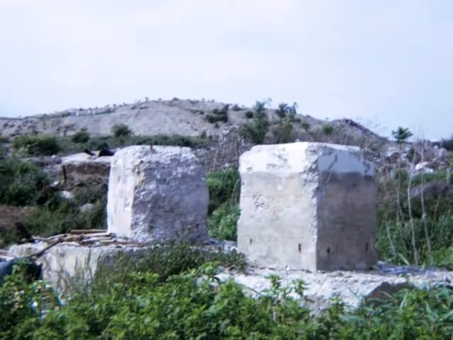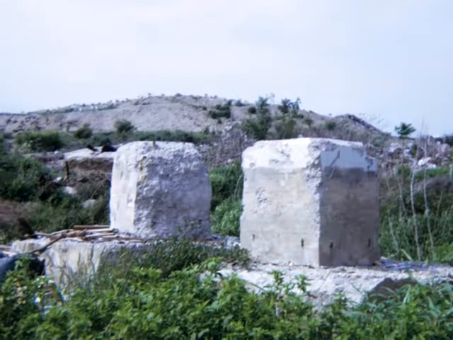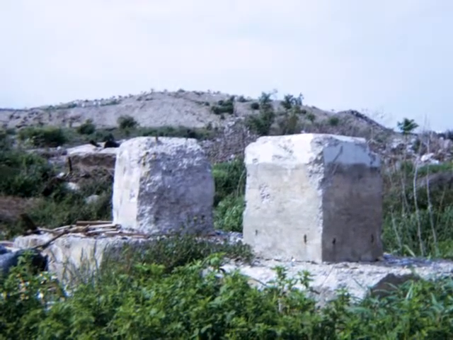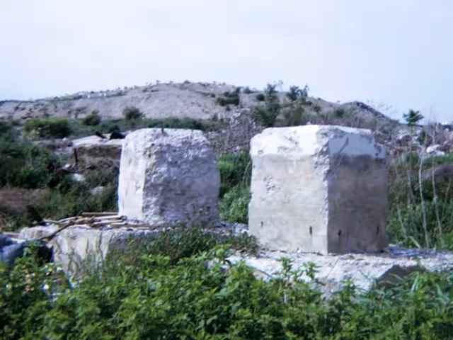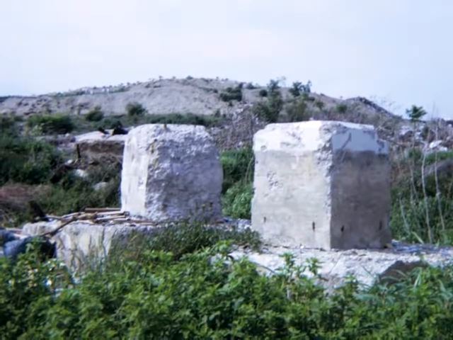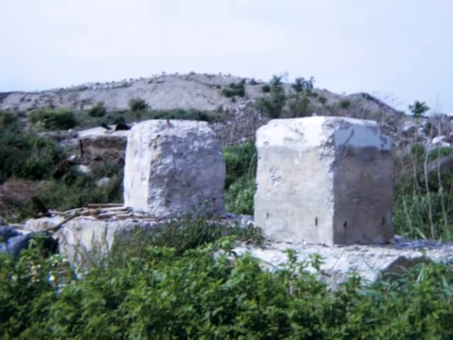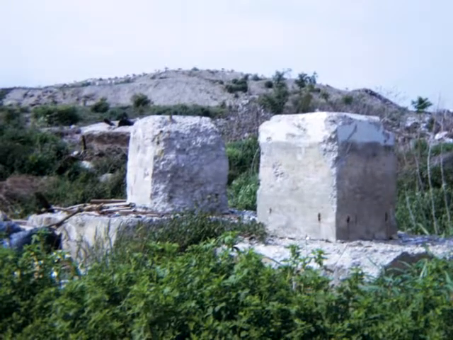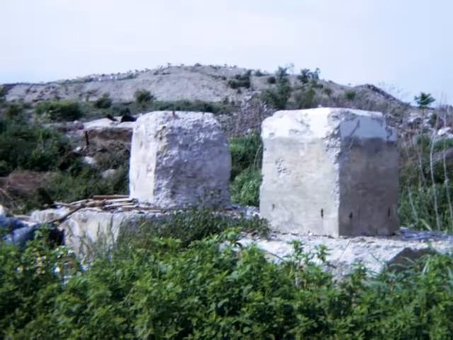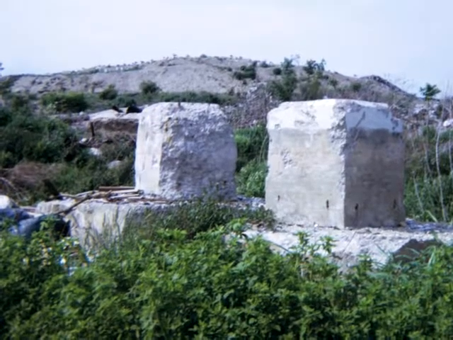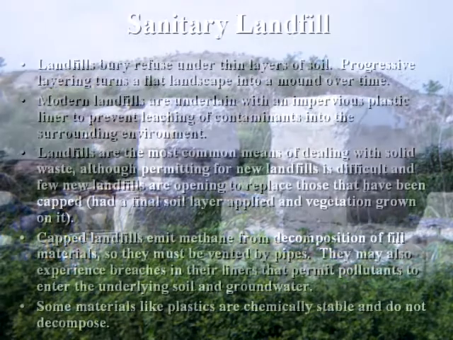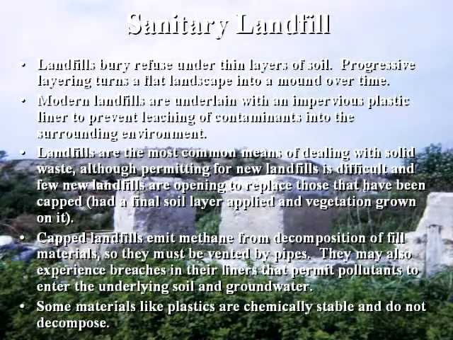Now, although we still use these landfills to discard of solid waste, many of the old landfills have now been filled up and are capped over, and it has become much more difficult to site new landfills. There tends to be lots of local opposition to siting landfills in a neighborhood, in a locality, but there are also much more stringent environmental regulations that new landfills must meet.